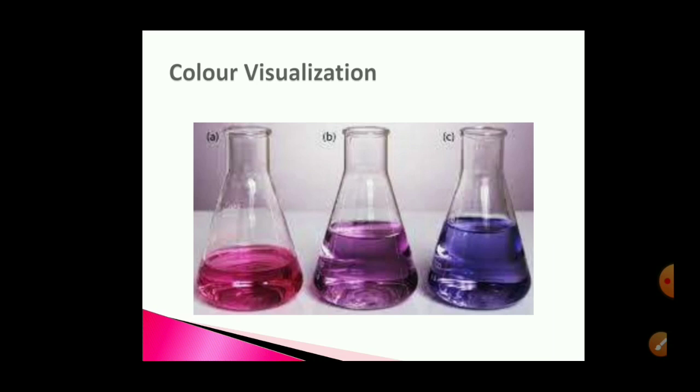And flask C is showing the blue color that we are going to get at the end point, because at this point there is a complex formation between calcium or magnesium with EDTA specifically, and the blue color is due to the freed EBT which is there at pH 10, and we see the blue color, that is the color at the end point.